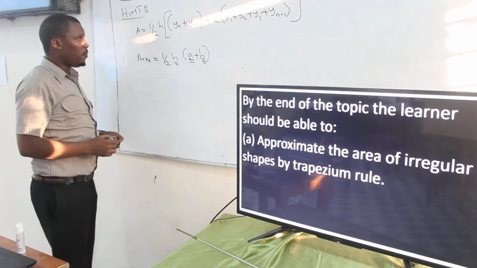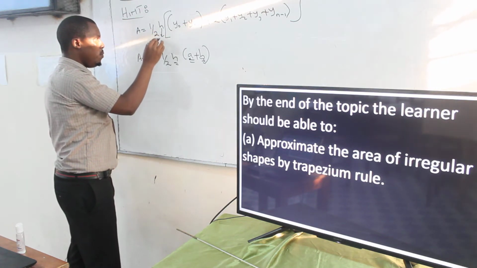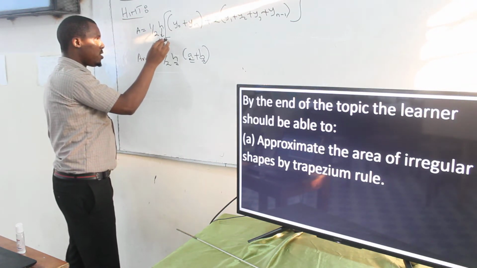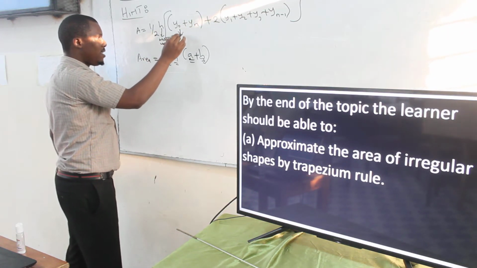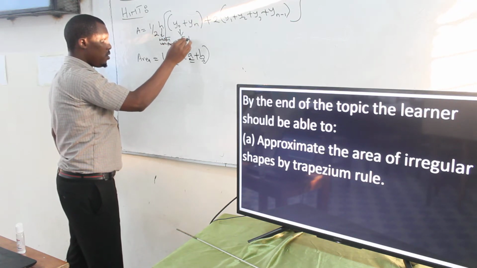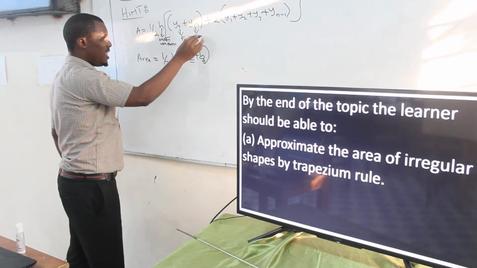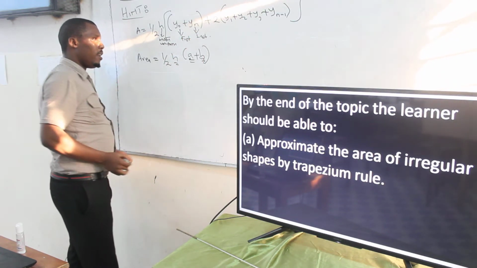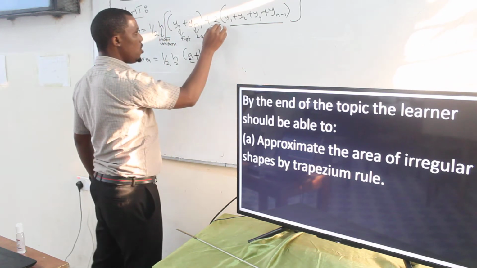So in our trapezium rule, h is going to be the width of the trapezium, considering that the width is supposed to be uniform. Then y0 is going to be the first height, and yn is going to be the last one. The other heights in between are the ones that you're going to multiply by 2.